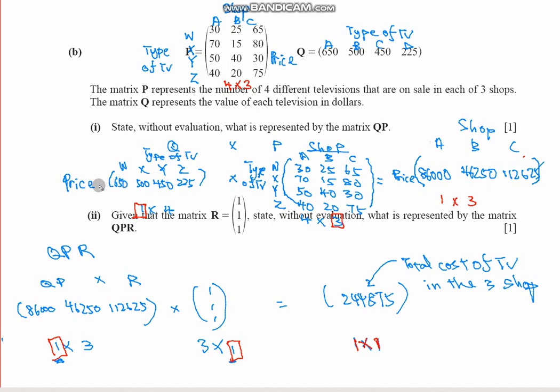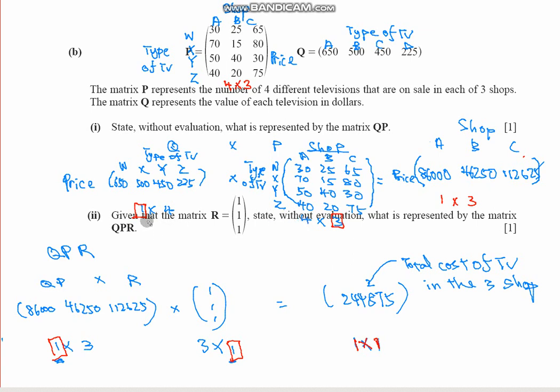Now I put Q here, which has price as the row and the type of TV as the column. Then P has the row as the type of TV and the column as shop A, shop B, shop C. Now let's check whether it can be multiplied. 4 here, 4 here, so this is similar, therefore it can be multiplied.